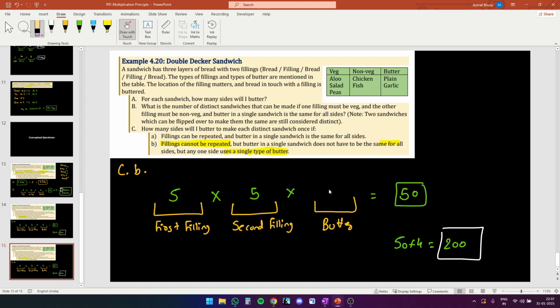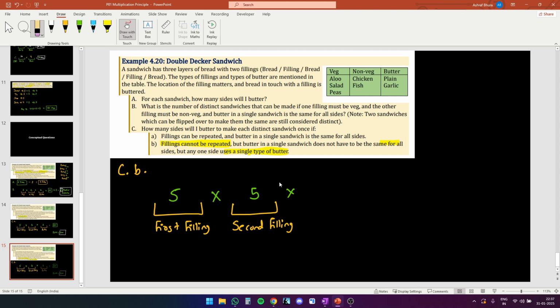Okay, now let's remove butter from the consideration. So for the first filling, how many choices will I be having? I will be having 5 choices. But when it comes to the second filling, can I say I cannot repeat my filling if I have kept fish in the first filling? I cannot keep fish in the second filling, which means it will make my choices as 4. So 5 fours are 20.